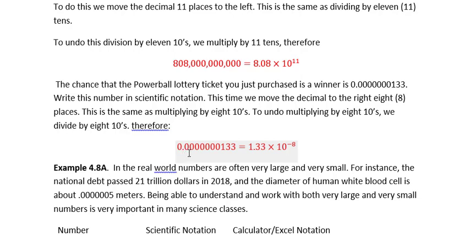Every time I move the decimal this way, to get to 1.33, I am multiplying by 1 ten, multiplying by 2 tens, multiplying by 3 tens, etc. If I get it to here, I multiplied it by 8 tens to get this number. To get the number back, you have to divide it by 8 tens. That's 10 to the negative 8. That means divide this number by 8 tens. So these numbers are equal.